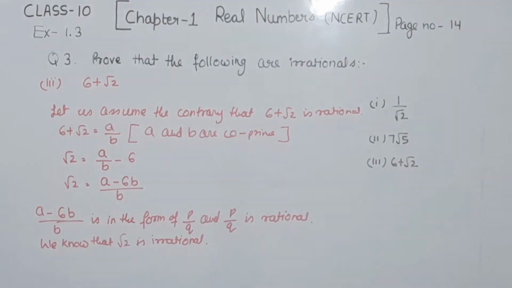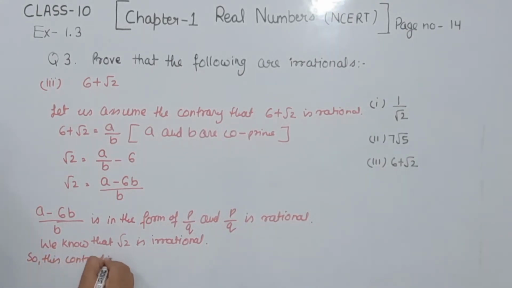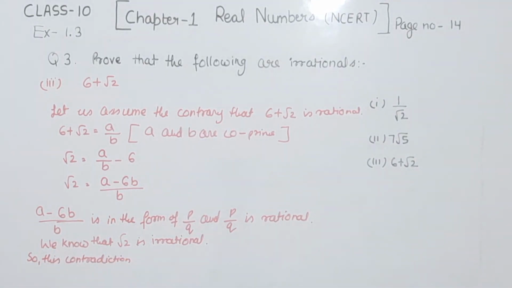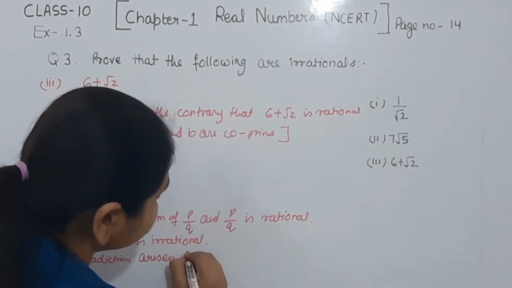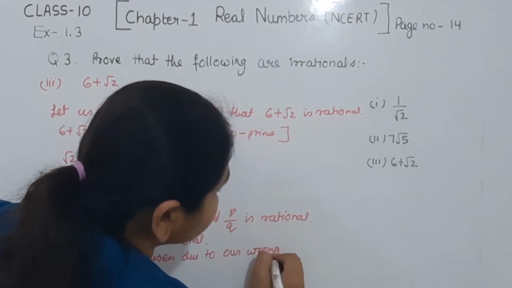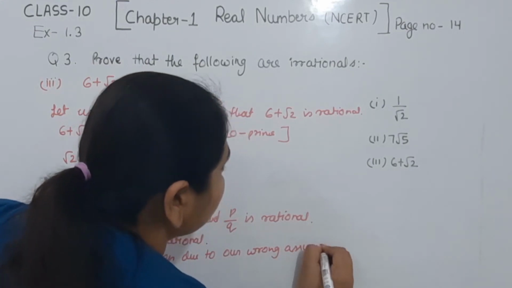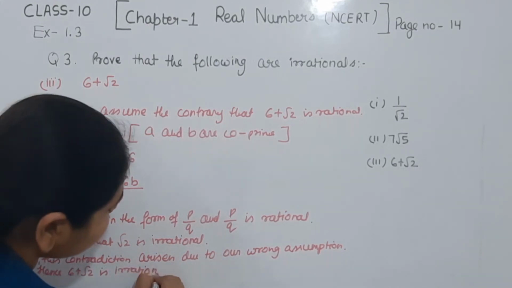So this contradiction arisen due to our wrong assumption. Hence 6 plus root 2 is irrational.